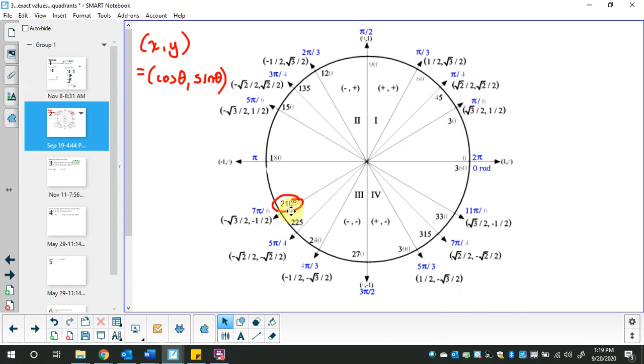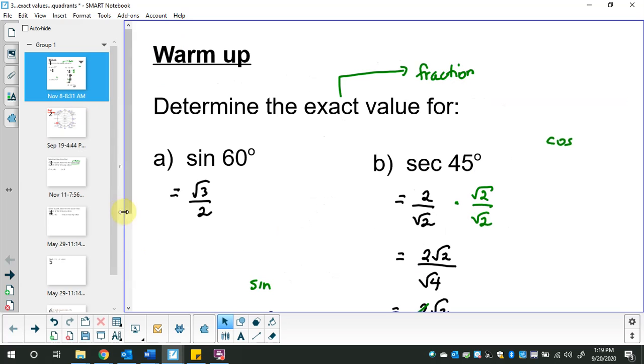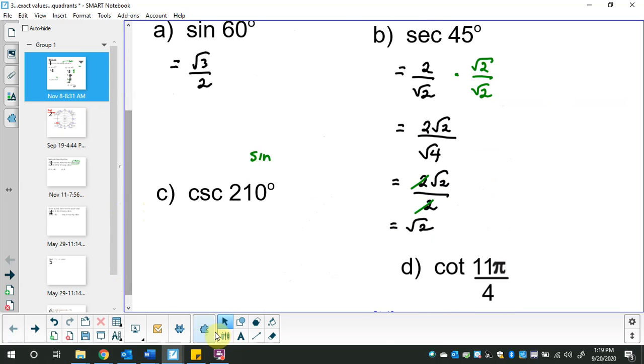So 210 sine, oh, this should be easy, negative 1 over 2, negative 1 over 2, negative 2 over 1 is the upside down, and make it look pretty, which is way easier than this one. All right, last question.